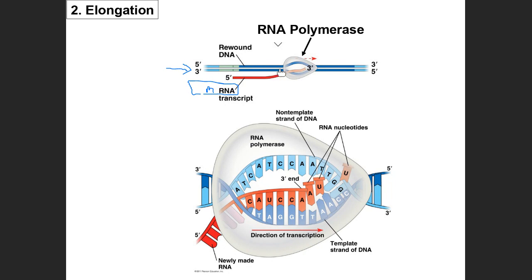As it moves downstream, as we call it, it'll continue to unwind and separate parent DNA using the reverse strand as a template. But the DNA that's already been used for elongation to synthesize mRNA, RNA polymerase will let go of that parent DNA and it will automatically chemically bond with each other, reassuming that double-stranded helix.